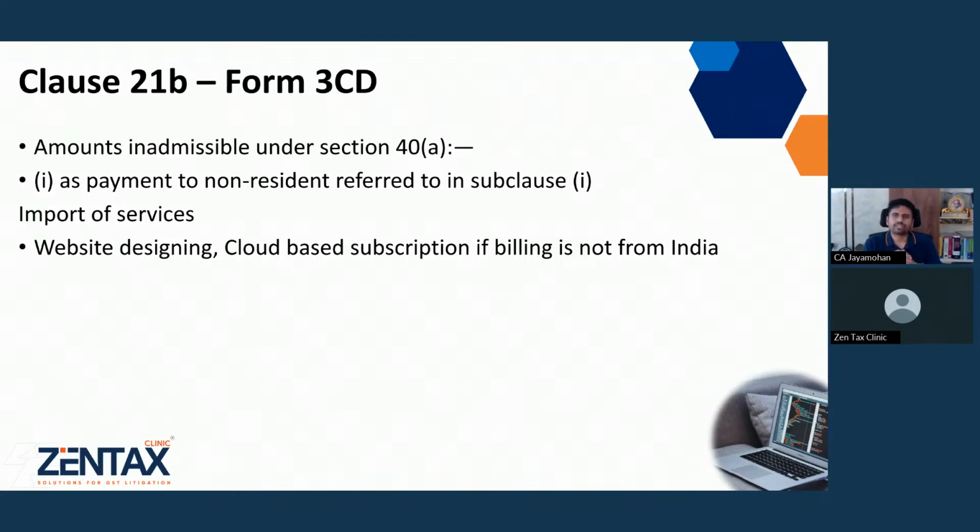If you then make the payment of such TDS within the due date of filing the income tax return, you can claim it as expense. That is how it operates. Whereas in the case of non-residents, 100% of the expenses are disallowed.